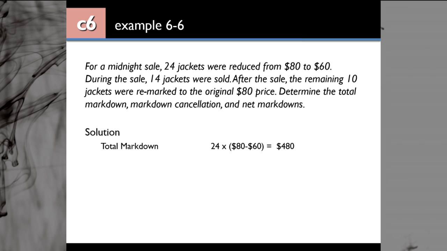So how many jackets? 10 jackets, and these amounts were canceled. So 10 multiplied by 80 minus 60 again, because this amount is canceled. That is 200. And if you remember how to calculate the net markdown, that's 480 minus the markdown cancellation. So that is 280.